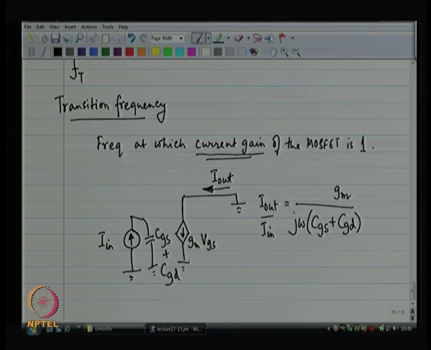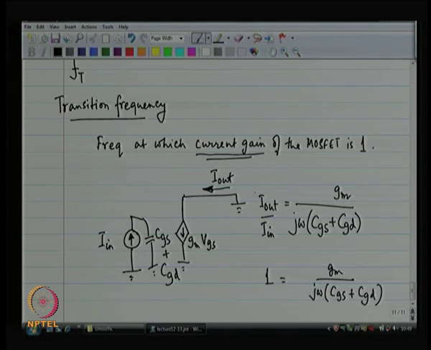Now, when I say that I want to find out the frequency at which the current gain is going to be 1, then that means 1 is equal to GM by j omega (CGS plus CGD). Can this really work? I have got a phase problem over here.